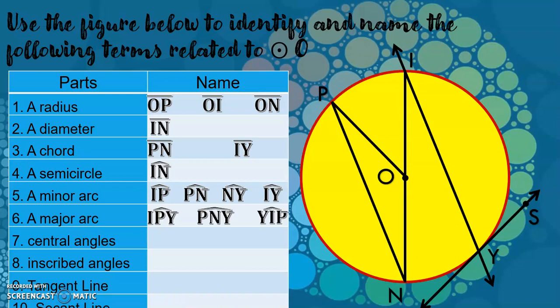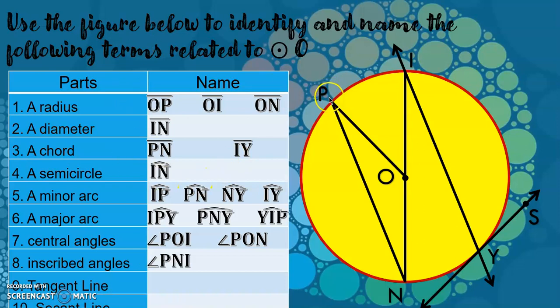And the central angles are the following. Angle POI, angle PON are the central angles of the given figure. Inscribed angles are the following. Angle PNI.